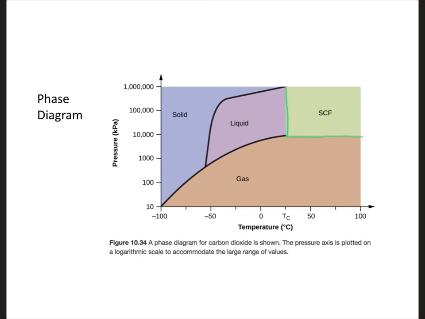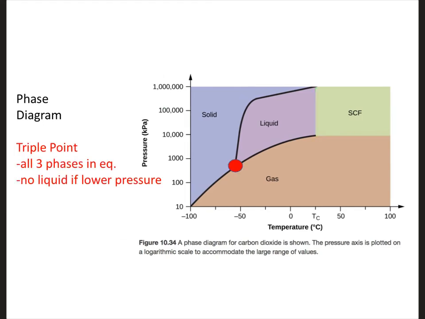And there's 2 points that we need to know about on these diagrams. One of them is the triple point. The triple point is where 3 lines intersect. So 3 lines coming together should help us remember that we're talking about a triple point. So at that triple point, if you have a beaker of that material at the correct temperature and pressure corresponding with the triple point, you are likely to have all 3 phases of matter at the exact same time.